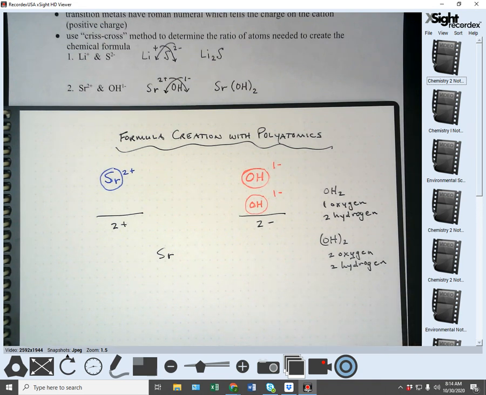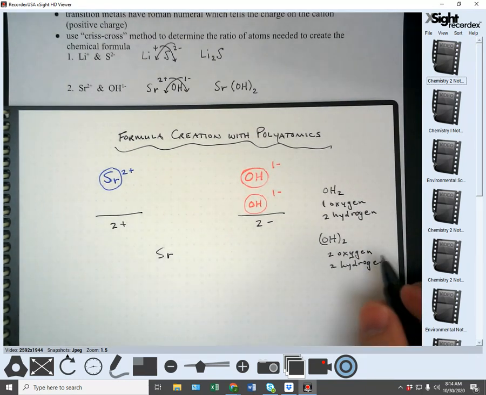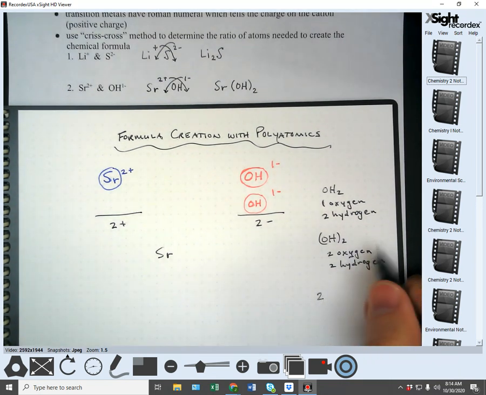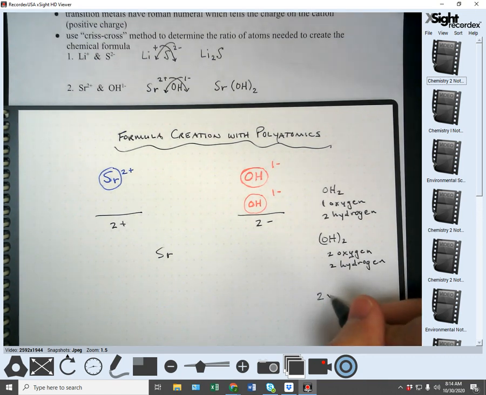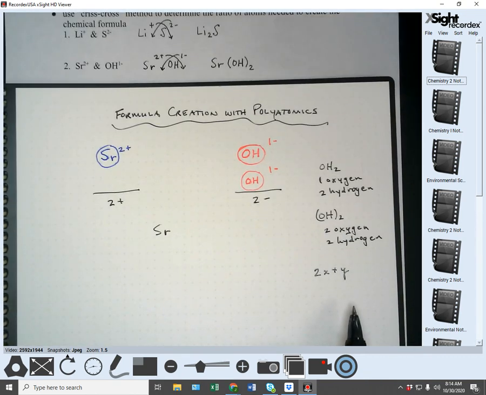Okay, so if you had something like 2x plus y, that means you have 2 x's and 1 y, right?